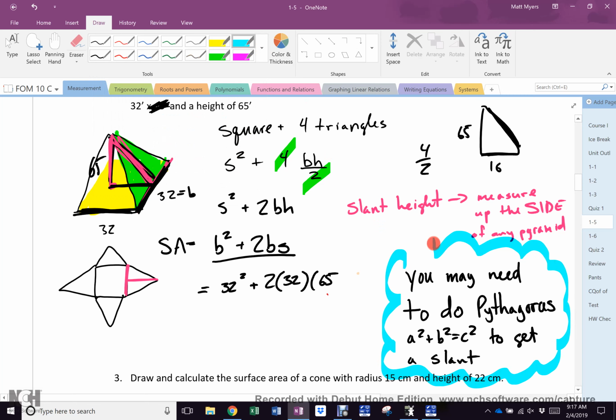If you don't have a slant, you may have to do Pythagoras. We are going to put slant there. It's supposed to say slant. I copied and pasted the wrong one into your book, apparently. So then I punch that into my calculator and I get an answer. And you're all capable of doing that, right?